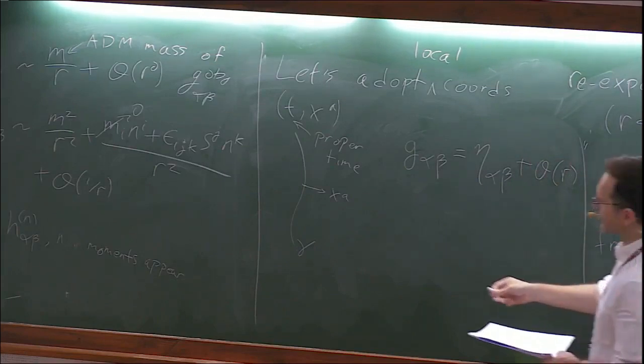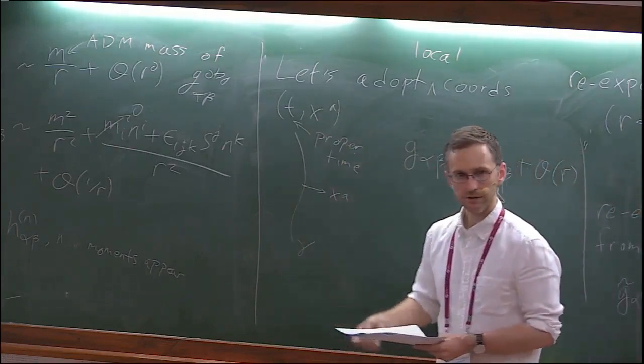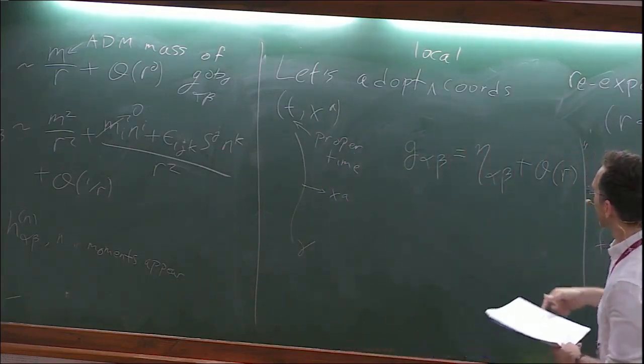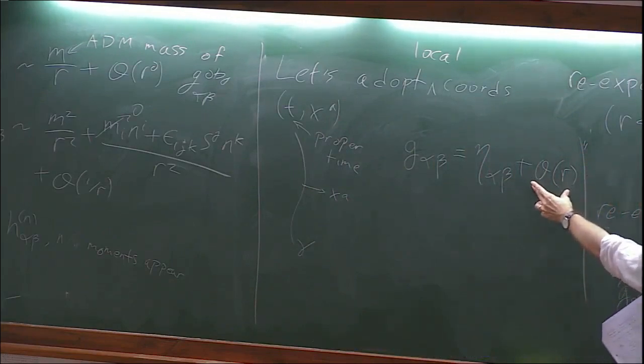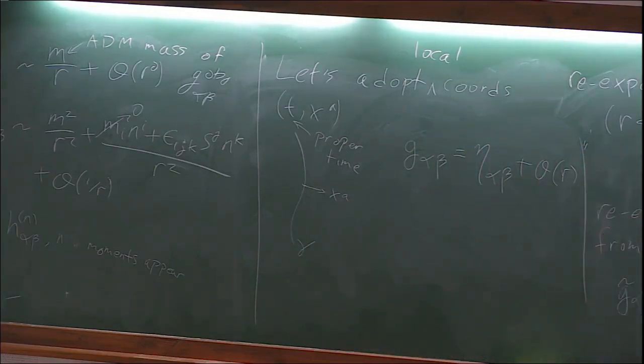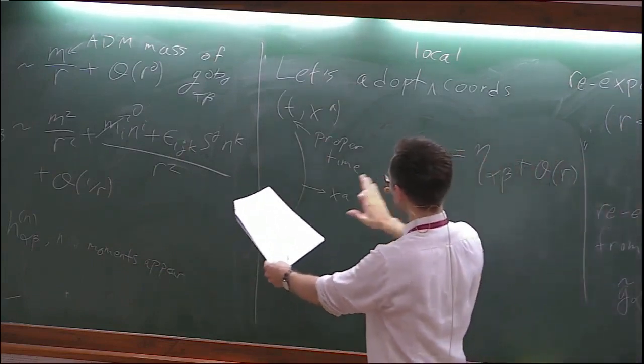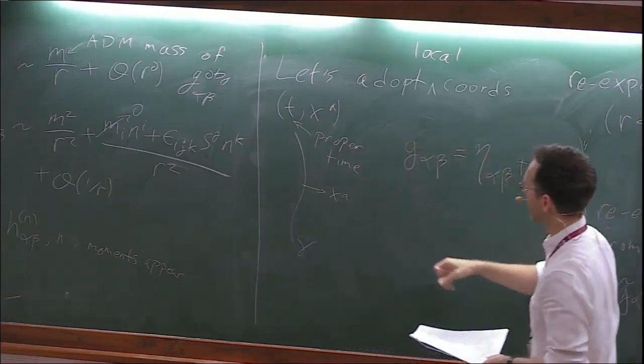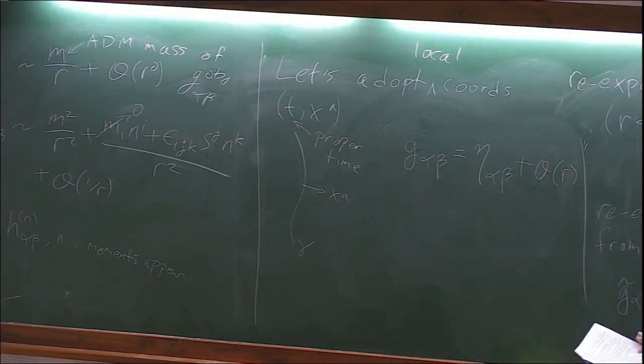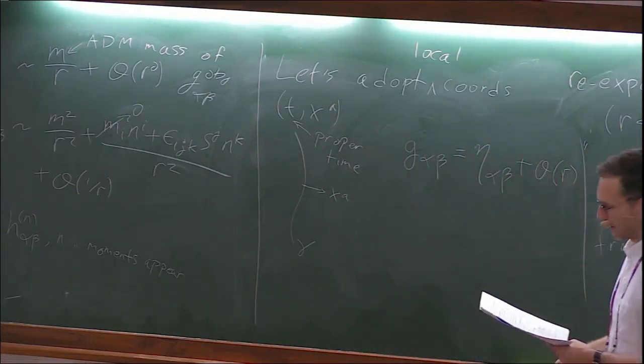So if this curve is accelerating, which we will find that it is, at order r, you have an acceleration term. At order r squared, you start to see the effect of the curvature of spacetime, so you start to see the Riemann tensor appearing. But we're not going to worry about those details.